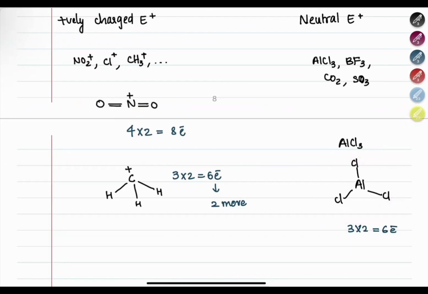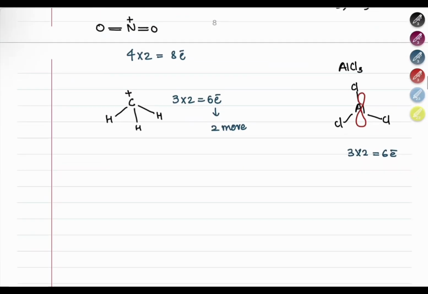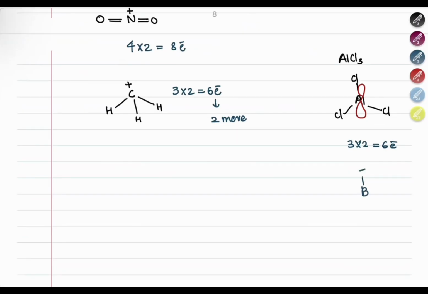To add to this, there is a vacant p orbital in the aluminium that makes this molecule more electrophilic. In the case of BF3 also, this is the structure of BF3. Again, there are only 6 electrons, so this molecule needs 2 more electrons to complete its octet. And there is a vacant p orbital in the boron, which makes the molecule more electrophilic.